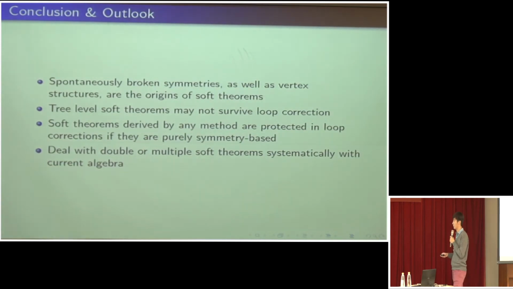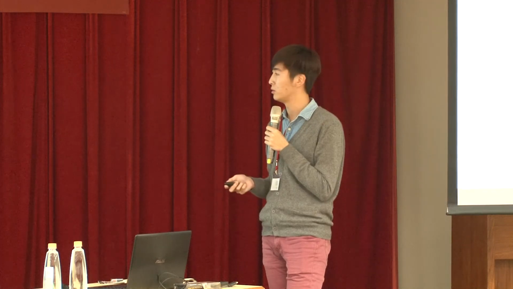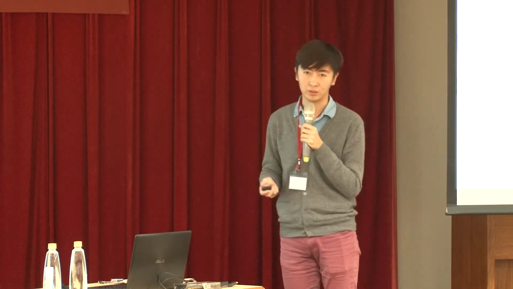So today's conclusion is that soft theorems derived by any method hold true if they can be derived by a symmetry-based principle. And what we will do is to deal with double or multiple soft theorems more systematically. Thank you for your attention.